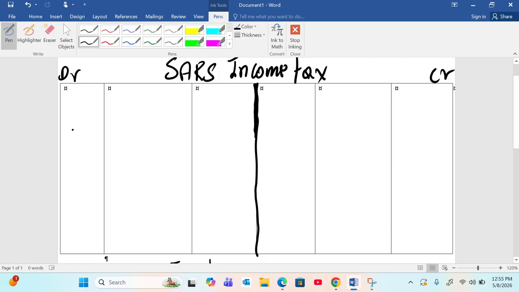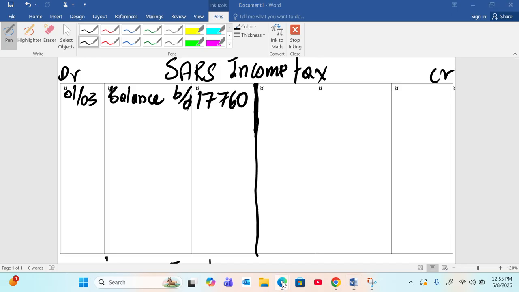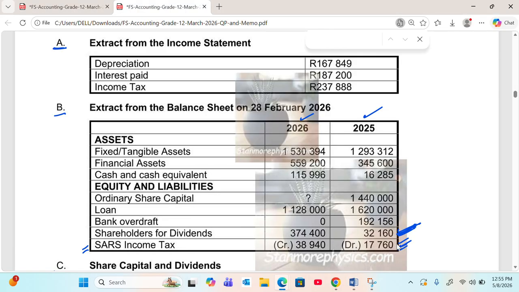So at the beginning of the year, 01 March, we have a balance brought down of how much? 17,760. Let me show you that figure again. The debit, the amount owed to the business by SARS.